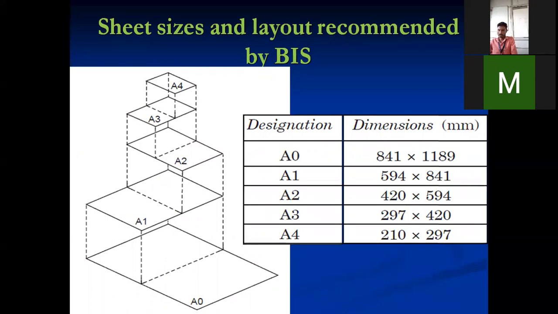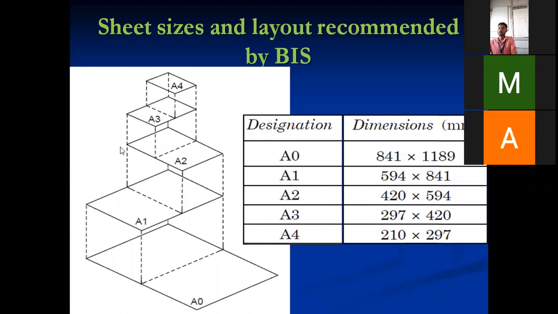Which is the largest sheet size? A0. A0 is the largest sheet size. Which is the smallest sheet size? A4. And then we discussed how we can remember this, to form this table or complete the table. How did I tell you to remember this table? Can anybody quickly tell? Which size do we have to remember?